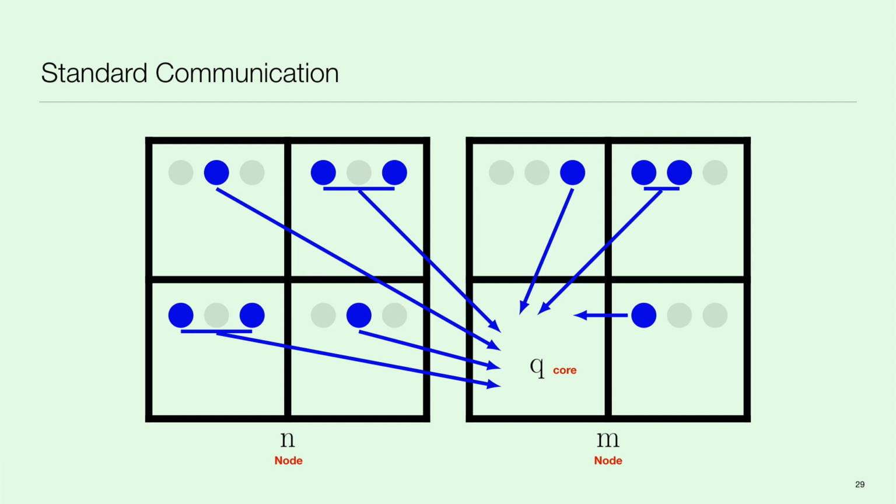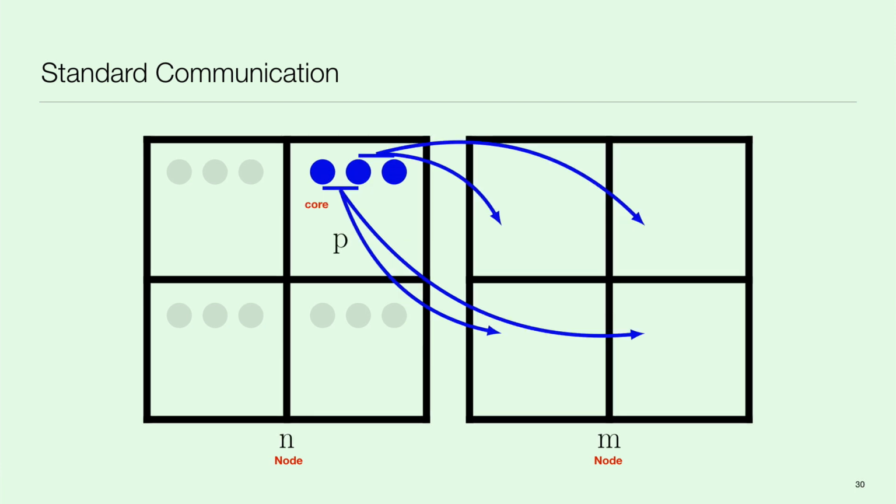All right, so here's a schematic of what's going on with the standard communication. We're going to communicate values between node N and node M from different processors, in this case 4. And we can see that there's a high number of messages that can go between 2 nodes. That's the contributing factor.